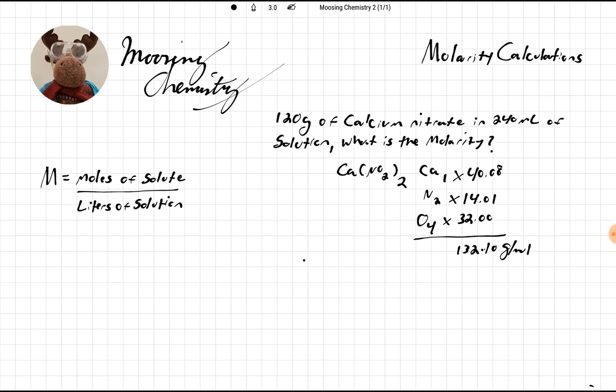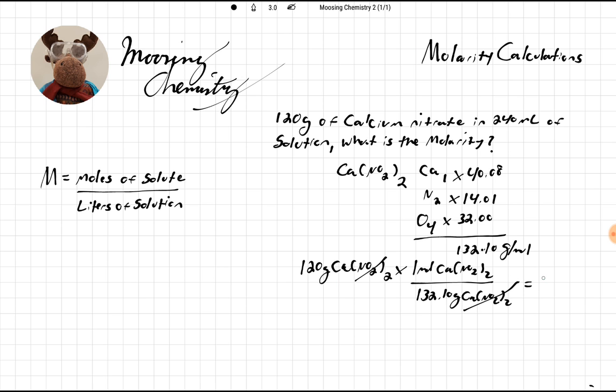So I'm going to use some stoichiometry. 120 grams of CaNO2 times 1 mole of CaNO2 divided by its molar mass, which is 132.10 grams of CaNO2. So this unit is going to cancel that unit.